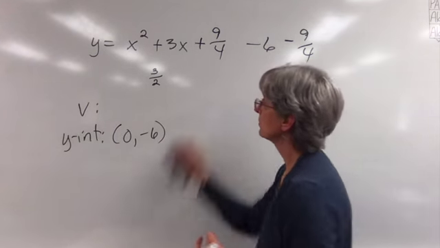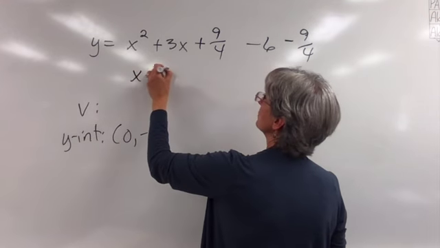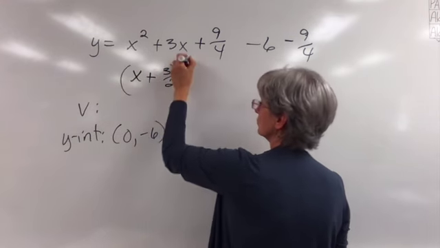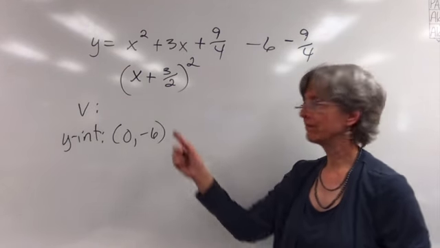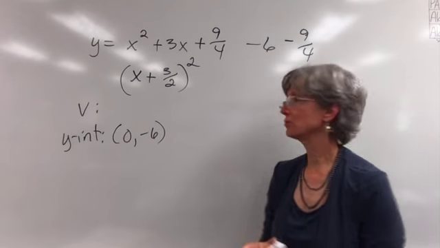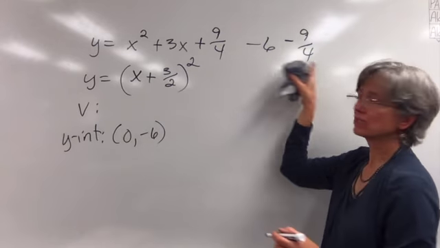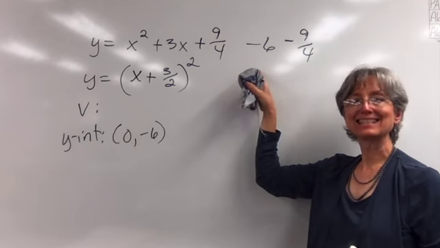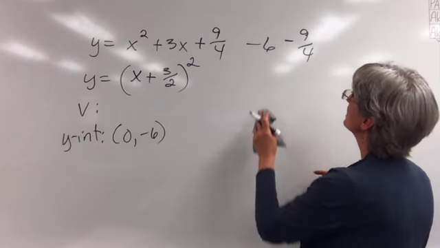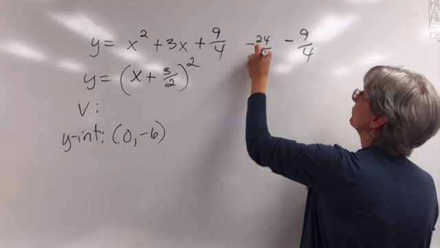Okay, now I'm going to factor this. This becomes x plus 3 over 2 squared. Notice in the factors, this is half of that, and with that sign. There we go. So y equals that. And since I'm going to combine these, I'm going to change the 6 into fourths. 6 times 4 is 24, so this is negative 24 over 4, right?